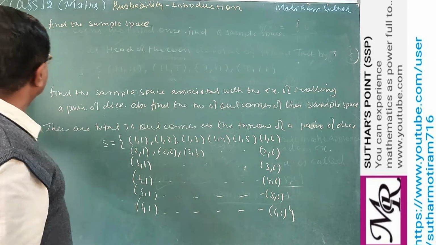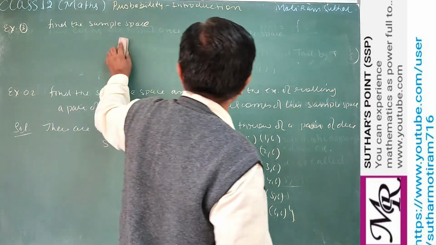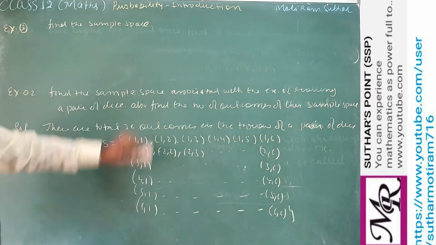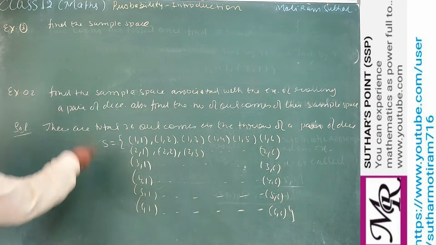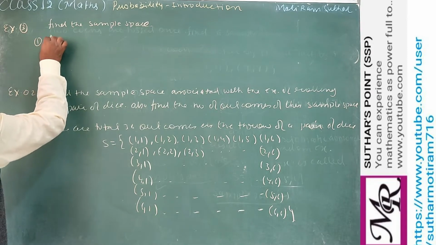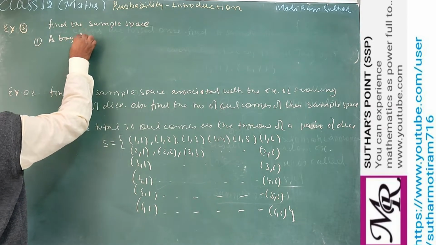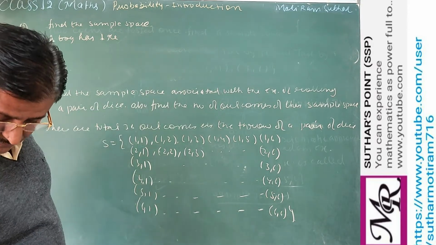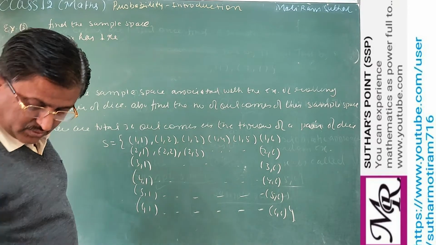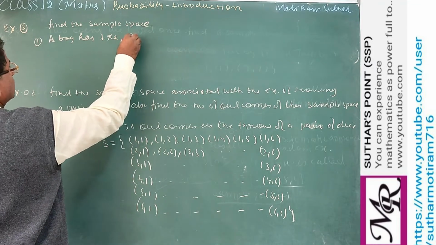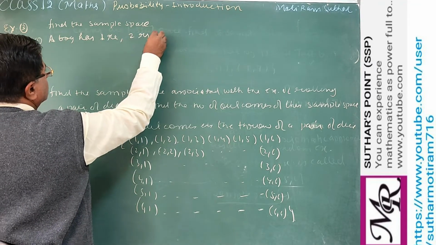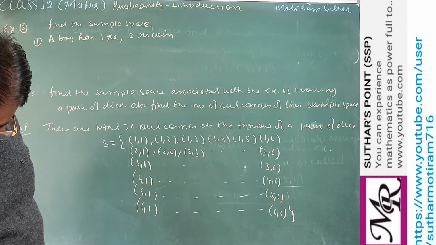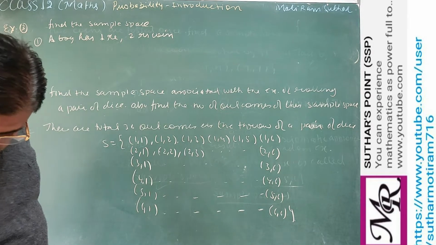So we have to find the sample space. In the first case, a boy has a 1 rupee coin, a 2 rupee coin and a 5 rupee coin.